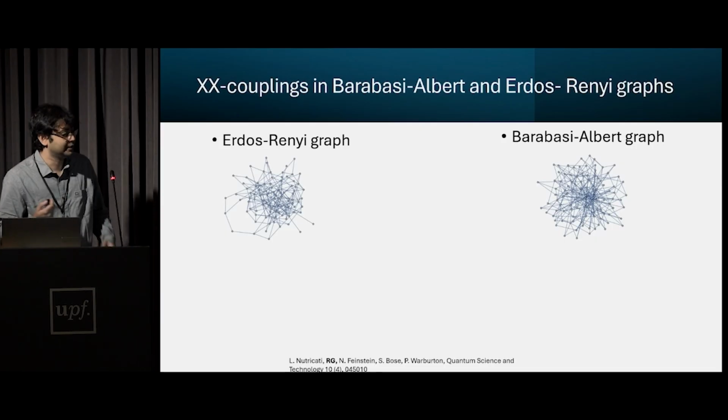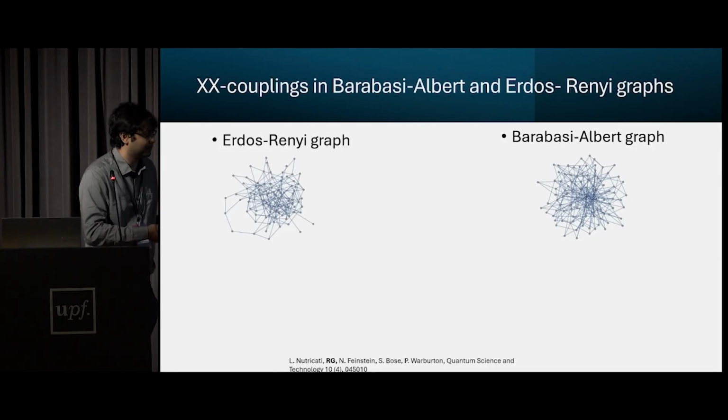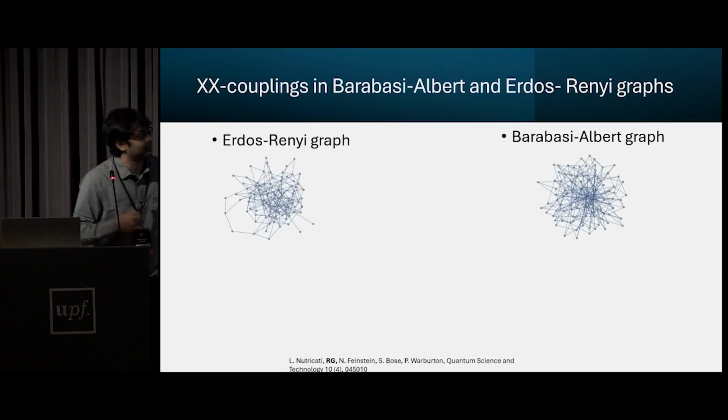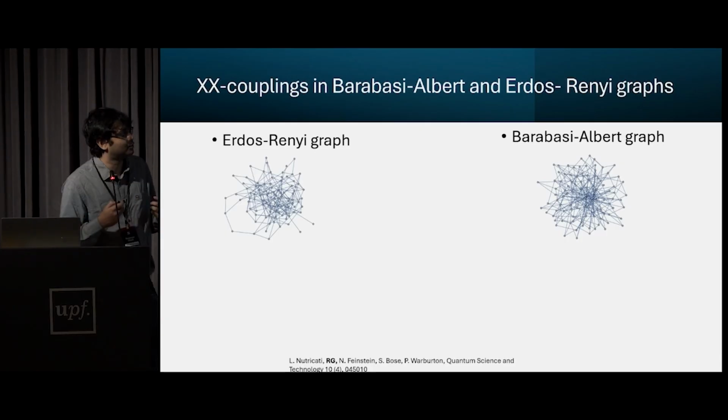However, we did a lot of statistics. Luca was the driving force behind this work, where we did it for random graphs. We chose 2 families of graphs, the Erdős-Renyi graph and the Barabasi-Albert graph. For those of you who don't know what these graphs are, to put it simply, they differ in the degree distribution, degree meaning the number of vertices a particular vertex is connected to by edges.